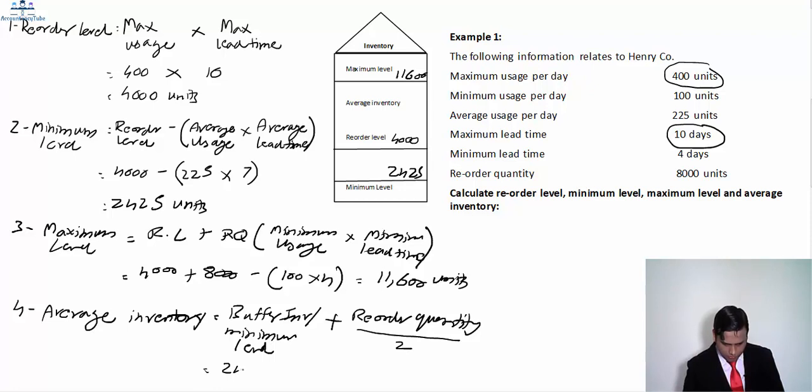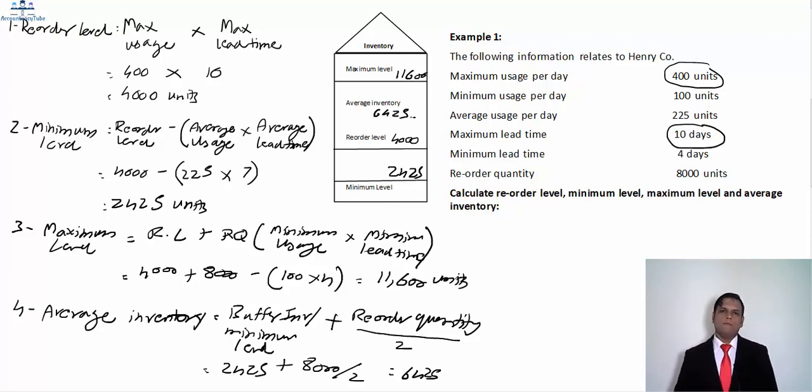Putting the figures, we know what our minimum level is, that is 2425 units. Then we have got reorder quantity of 8000 units. Dividing this by 2 will give us 6425, which is the average inventory which should be present in our premises at all times, and it can also be used to compute holding cost.